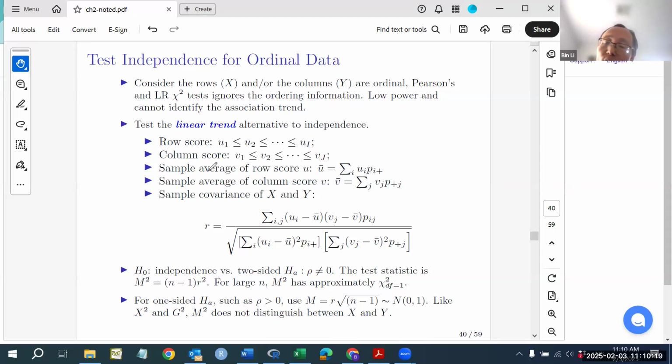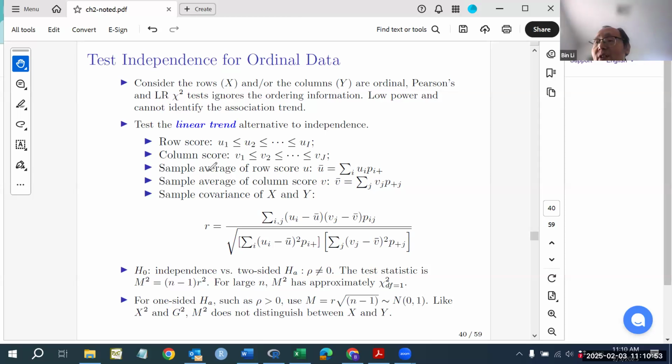If you misspecify your alternative, in other words, if the truth does not happen in the direction that you specified in your alternative, then the test that you are conducting cannot catch that deviation from the null, because you are specifying the alternative in the wrong way.